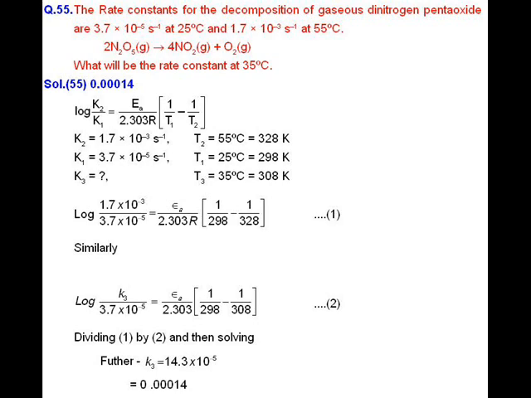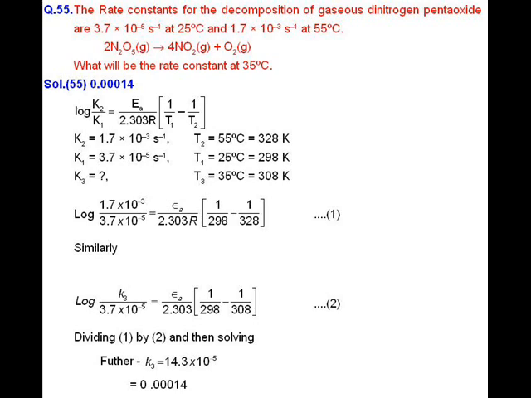Here first of all we will apply this equation for temperatures 25 degrees Celsius and 55 degrees Celsius. So the equation will go like log of 1.7 into 10 raised to the power minus 3 divided by 3.7 into 10 raised to the power minus 5 equals activation energy divided by 2.303 R into, in brackets, 1 upon 298 minus 1 upon 328.